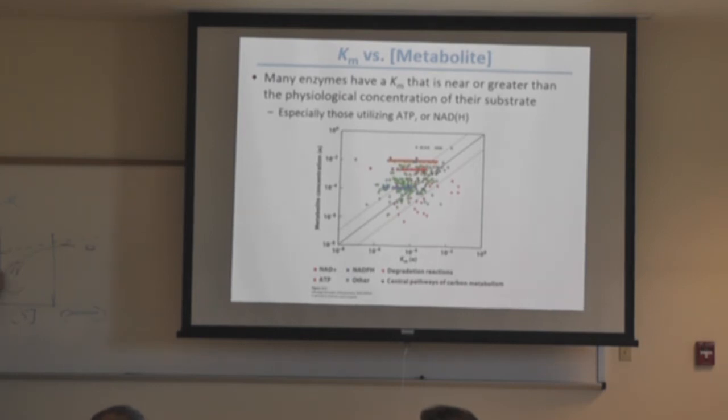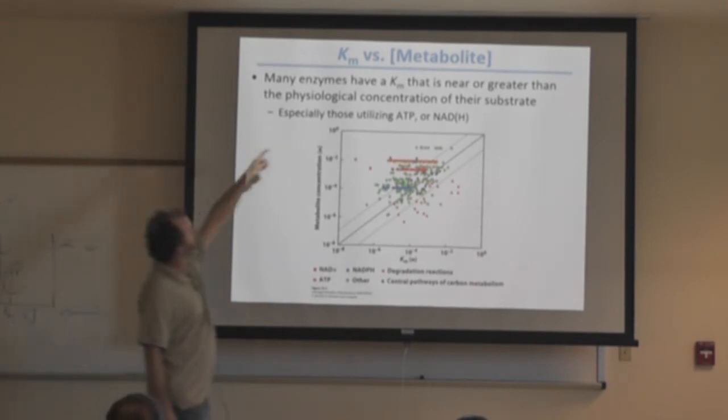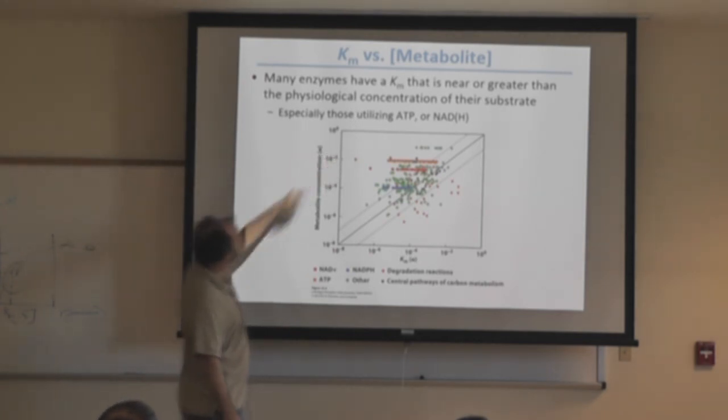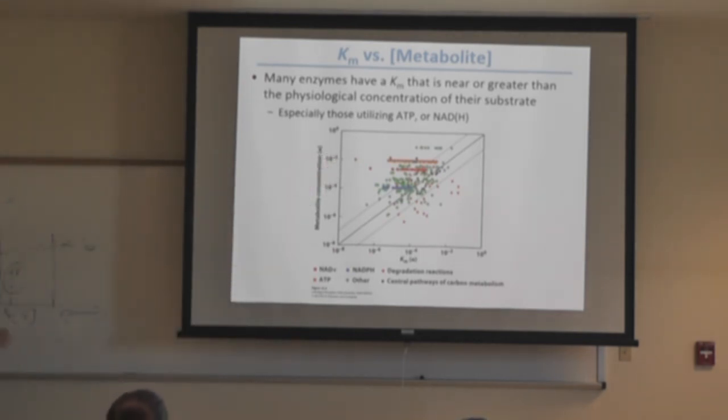Yes, it's the concentration at half the Vmax. So if most enzymes in your cell, like they say here, have a Km that's near or greater than that, most of your substrate concentrations are around here, right? So they'll be greatly influenced by the concentration of substrate that you have around. Does that make sense?